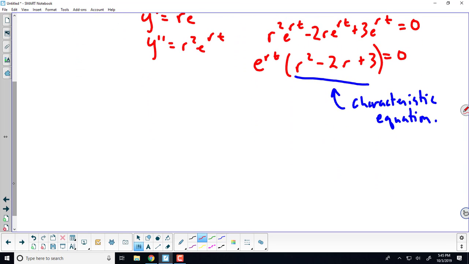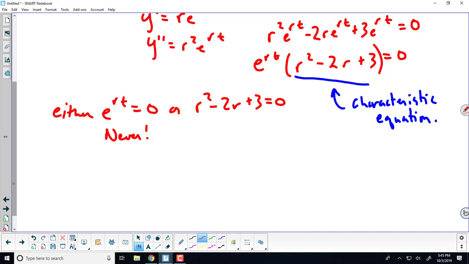So because I've got two factors equal to 0, either e to the rt equals 0, but when does that happen? Never. Or r squared minus 2r plus 3 equals 0.